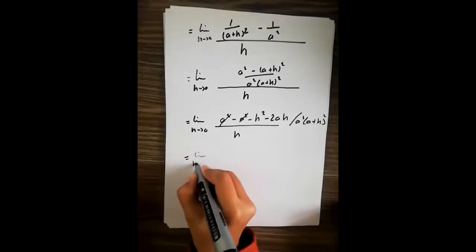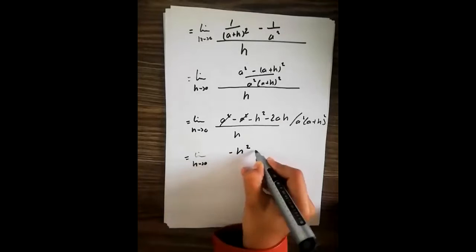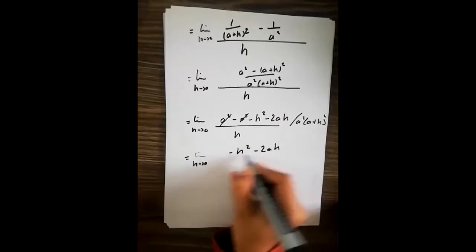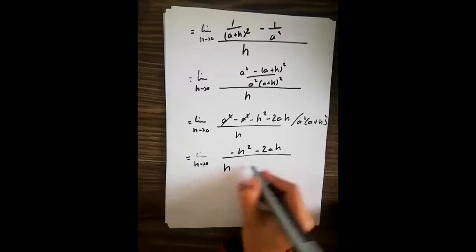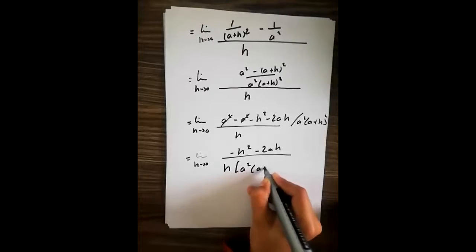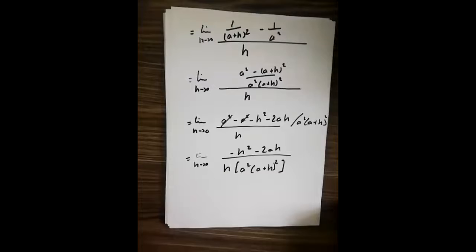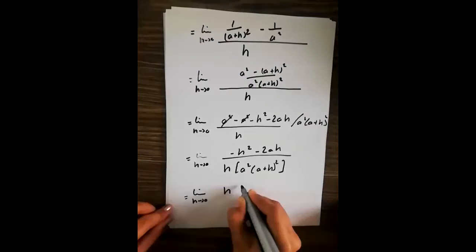Limit h approaches to 0 minus h square minus 2AH over h into A square into A plus h whole square. Now we can further simplify it. Take h common.